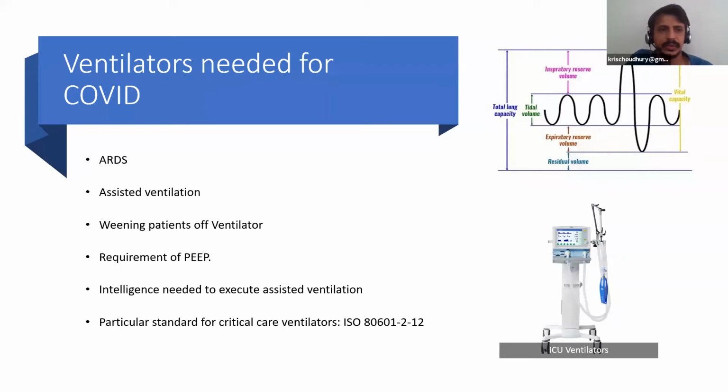So we need to be very, very careful, and these ventilators are designed to be very sensitive to what the patient is doing, and only then can they respond. Not only that, this whole ventilation circuit that goes into a lung needs to be completely leak proof.